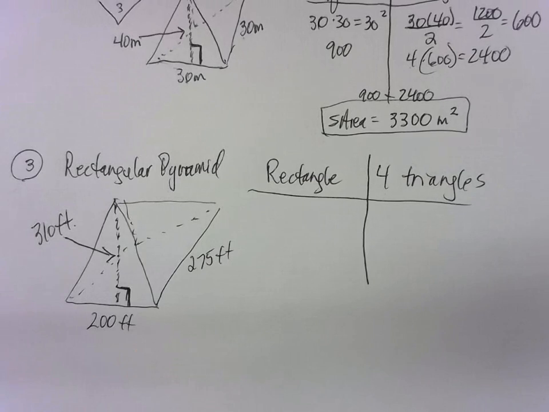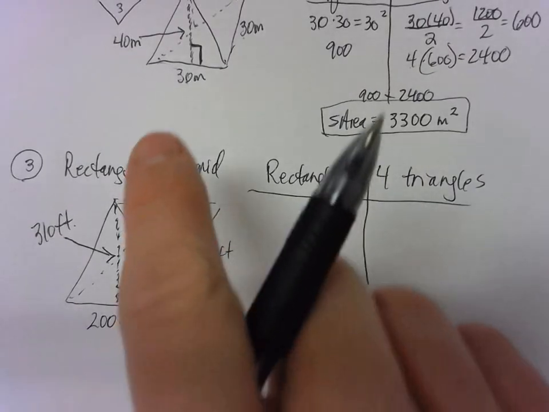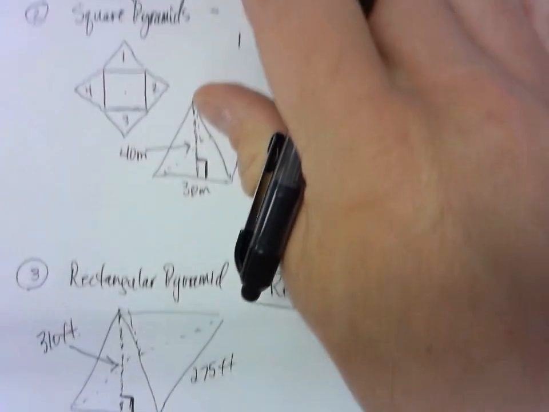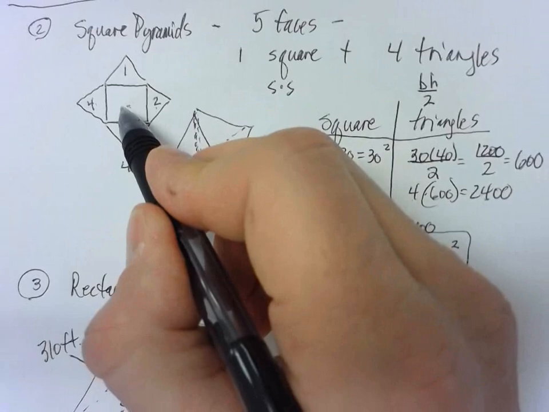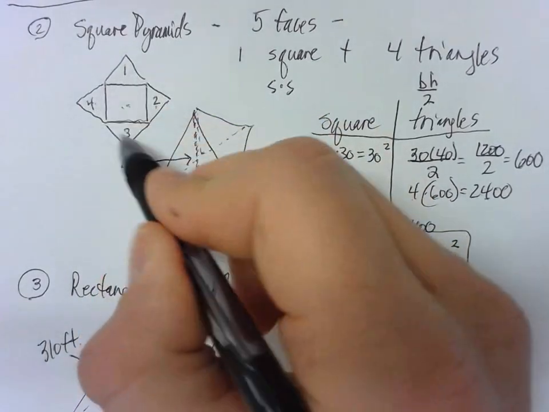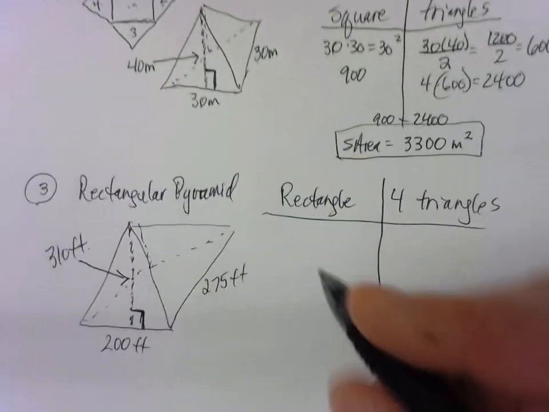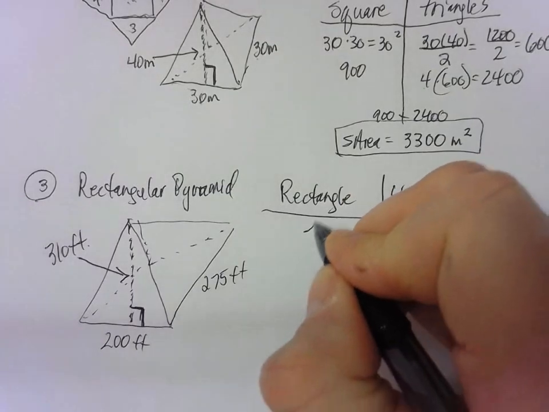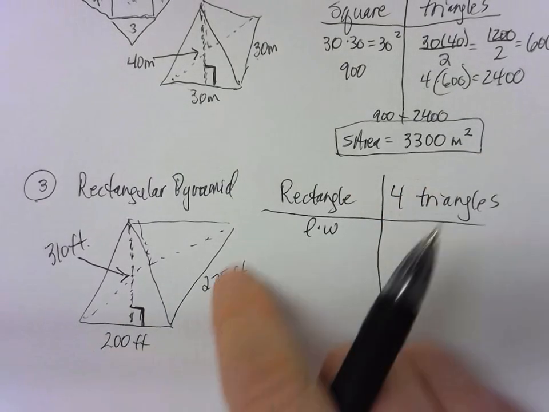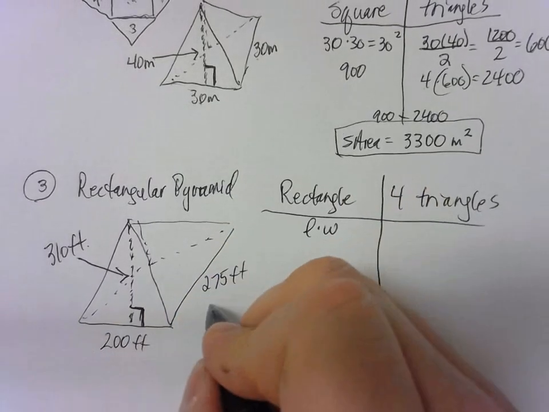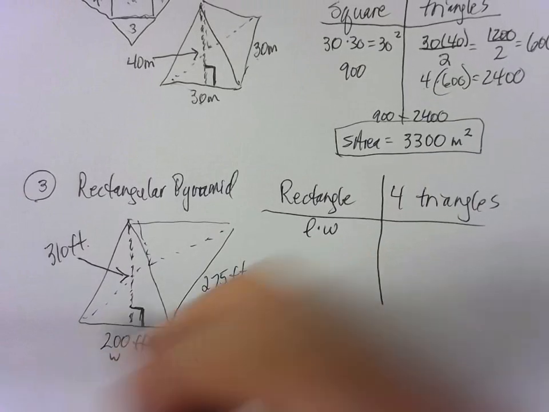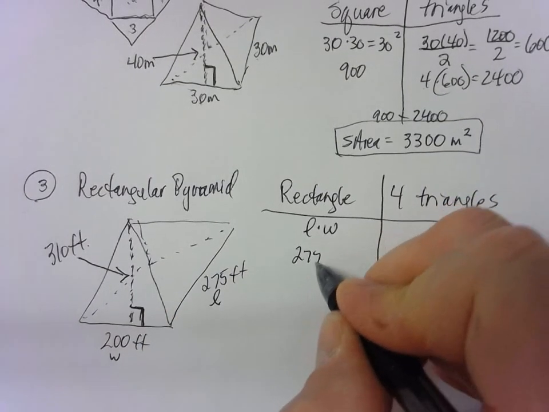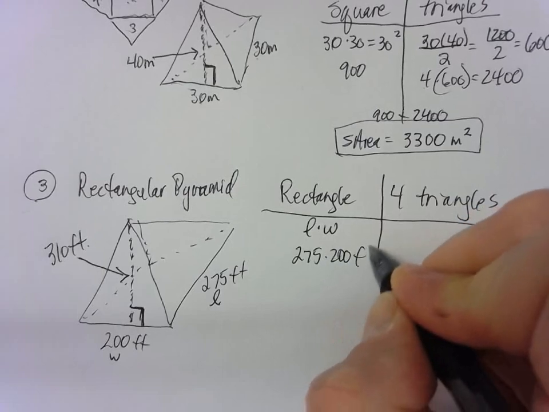Okay, so let's start out with the rectangle. Again, if we go back to our picture up here, you've got the one rectangle in here, then you've got these 4 triangles going around the edge of it. So to get the area of a rectangle, of course, it's length times width, and that would be 275 is the length, and 200 is the width. So we're doing 275 times 200 feet.